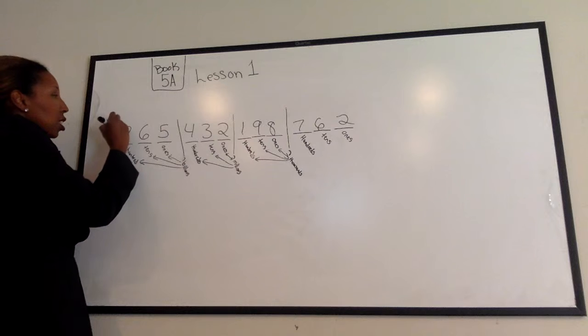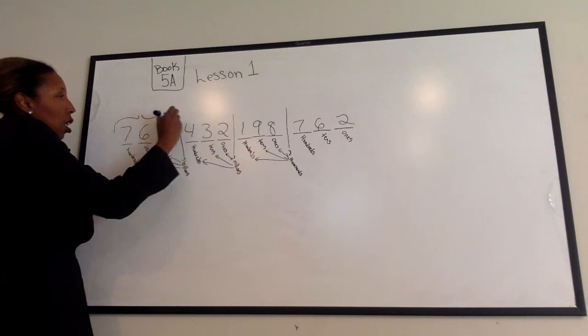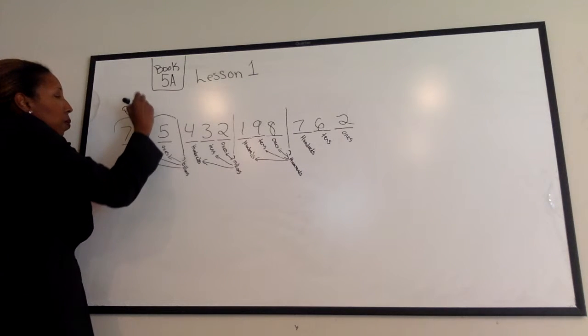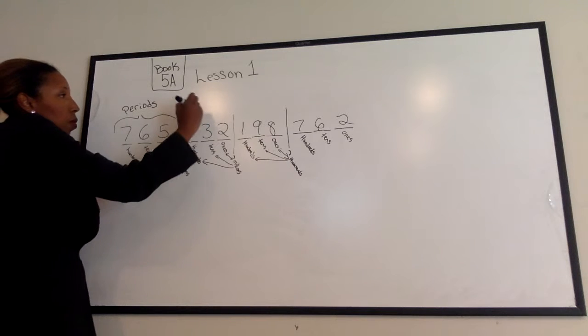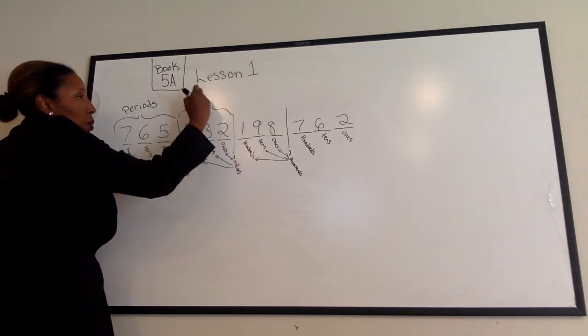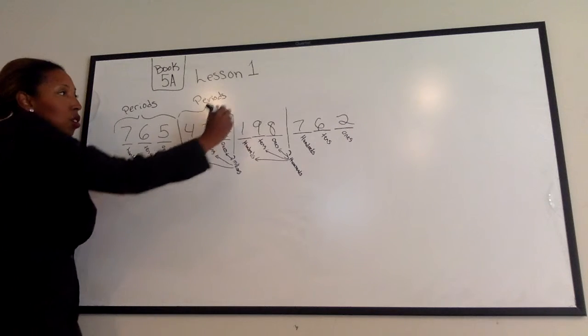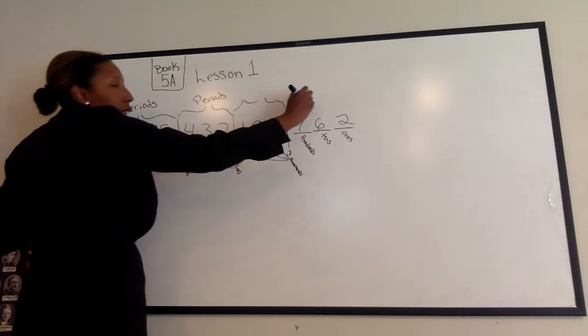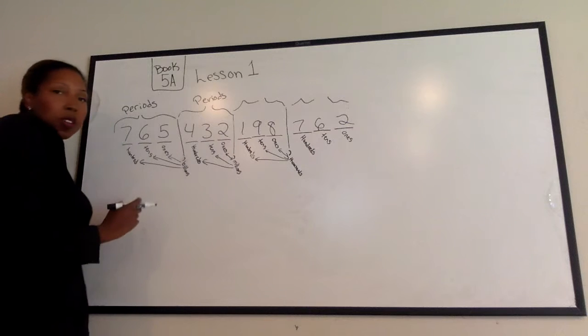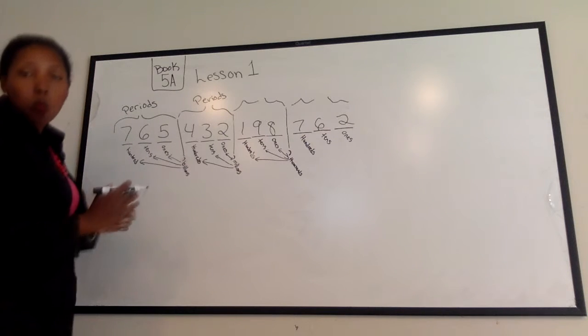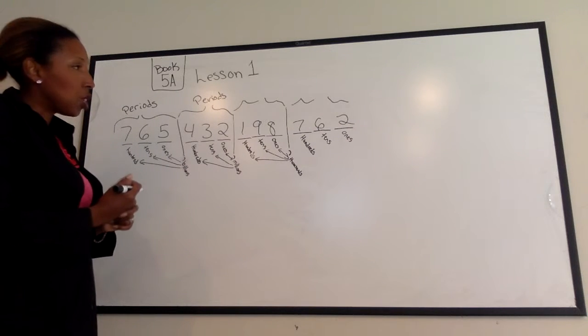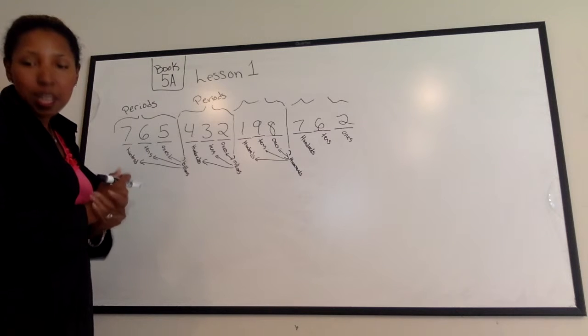Now, each of these are called periods. Okay? And it goes on here too and here too. Those are periods.